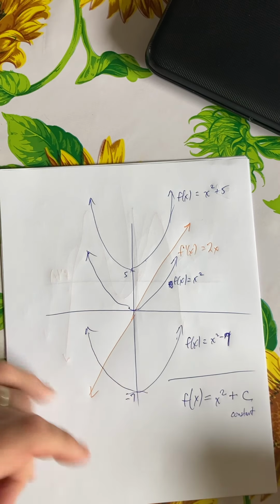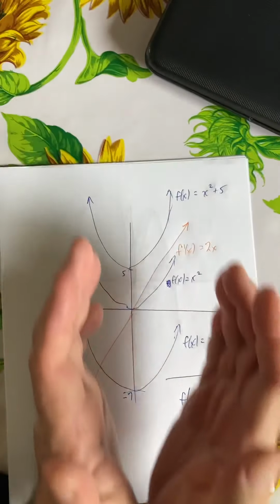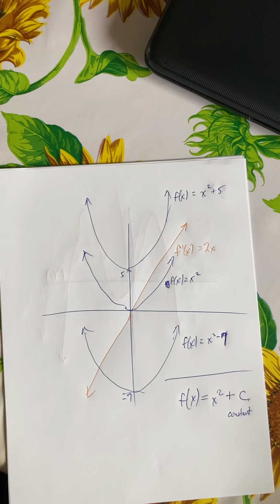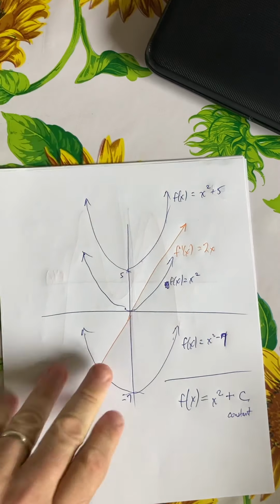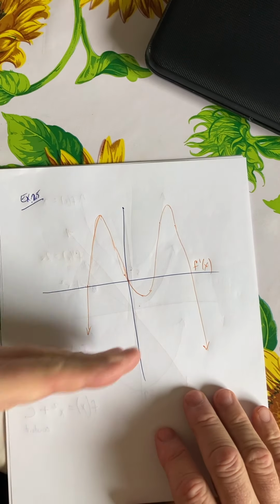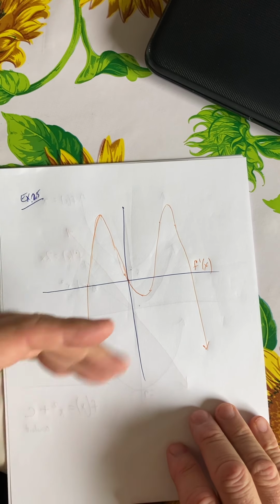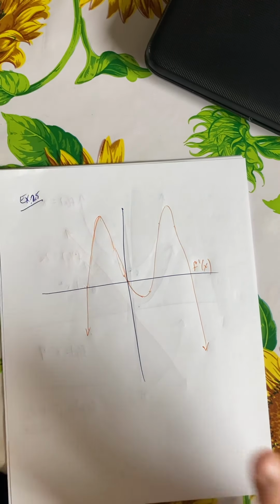Why? Because we don't know where it is. It could be up here, could be up here, could be up here. We know what the shape looks like, but we don't know where it is. So when it comes to trying to figure out the original, we don't know where it is when we try to sketch it out. We can shift it up and down as much as we want, but that doesn't matter. We're just trying to figure out what it kind of looks like.